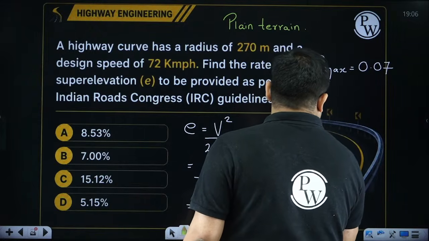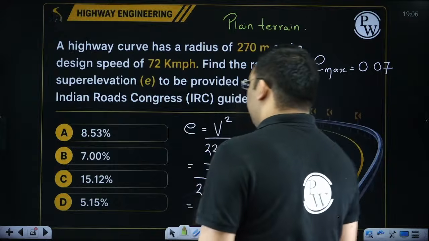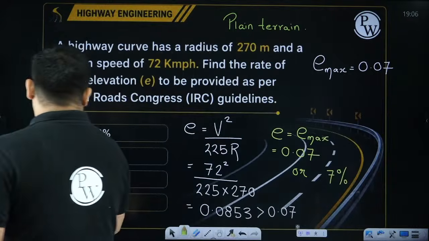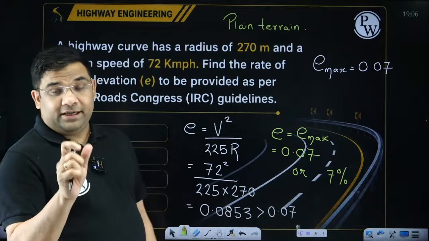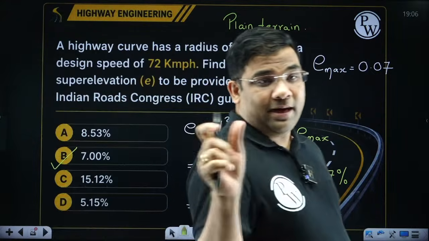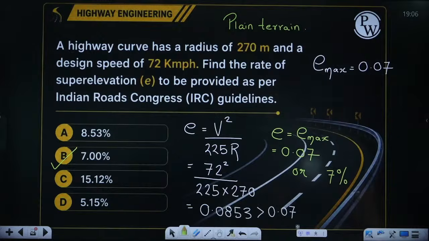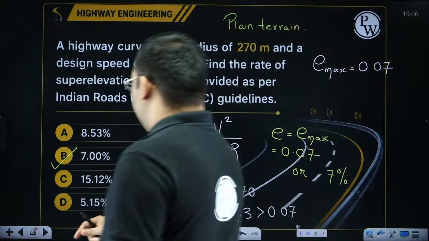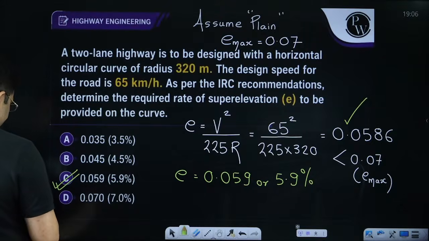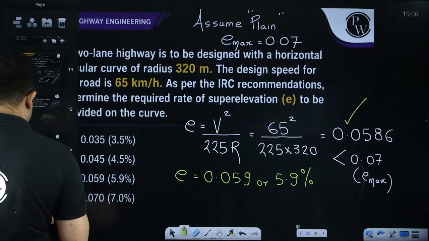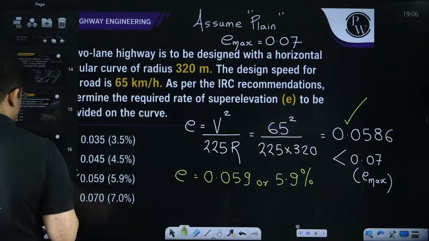It won't be 8.53 percent, because that is more than the maximum value, so that won't be the right answer. In the previous question, you were getting less than the maximum value, so it was fine.